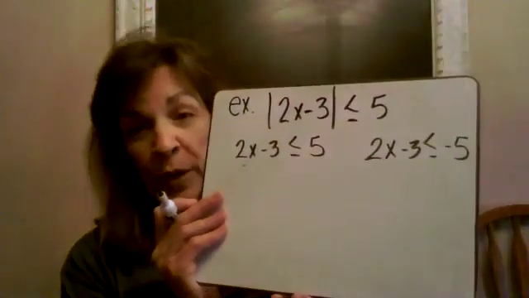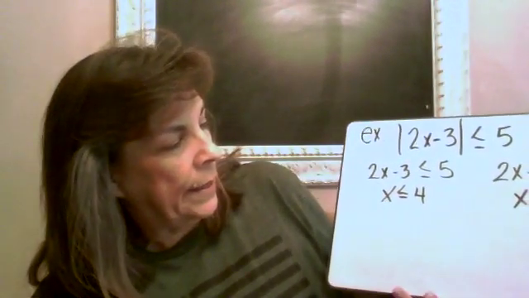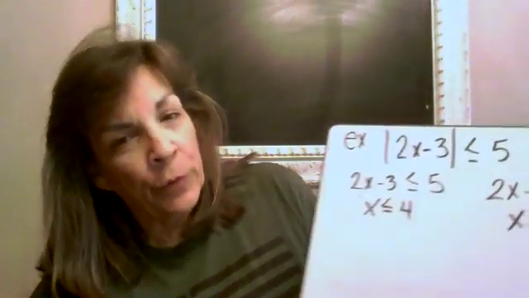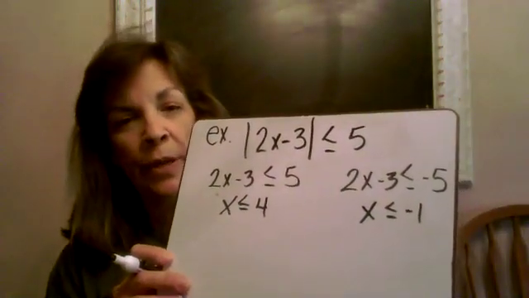We'll solve it both ways. We solve for x just like normal, and we get x is less than or equal to 4, and we have x is less than or equal to negative 1.